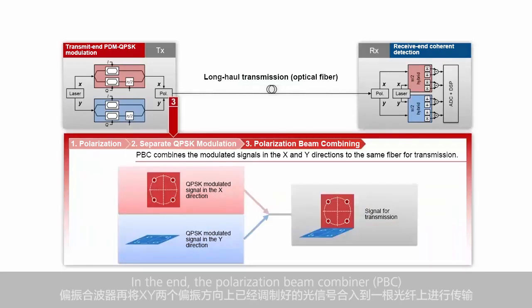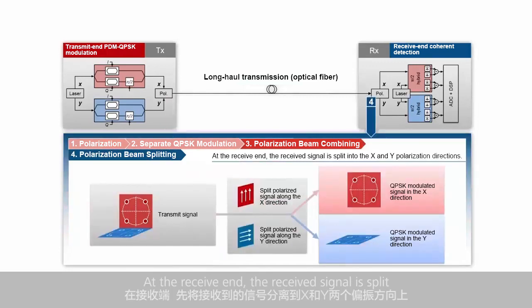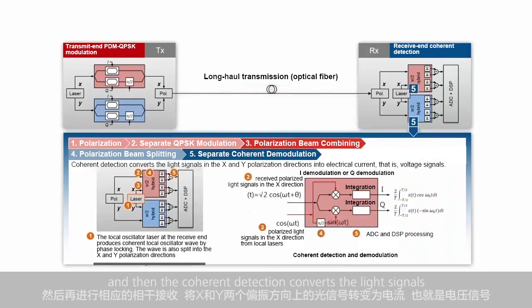In the end, the polarization beam combiner combines the modulated signals in the X and Y directions to the same fiber for transmission. At the receive end, the received signal is split into the X and Y polarization directions first, and then the coherent detection converts the light signals in the X and Y polarization directions into electrical current, that is, voltage signals.